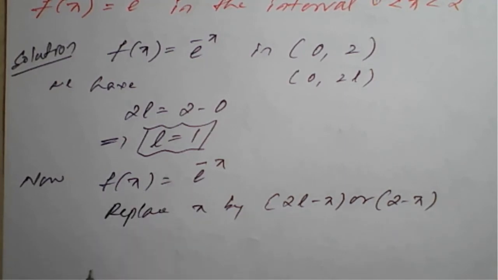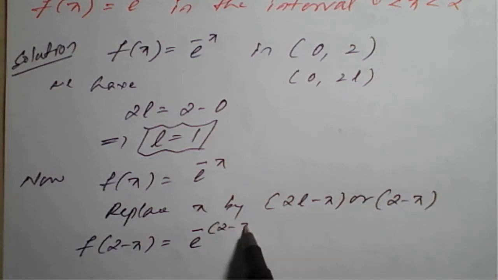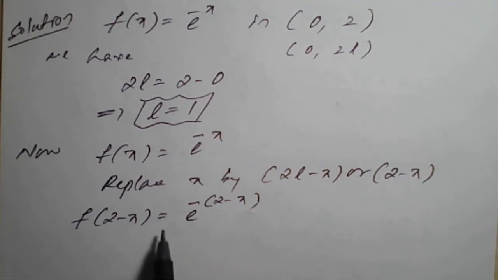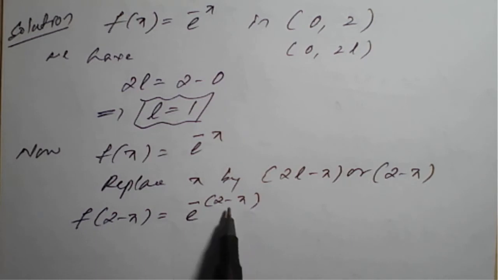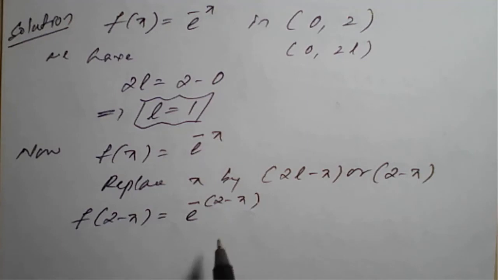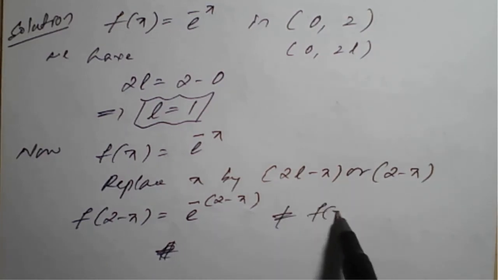So f(2 - x) = e^(-(2 - x)). If you open it, we will not get back e^(-x). So this is not equal to f(x).